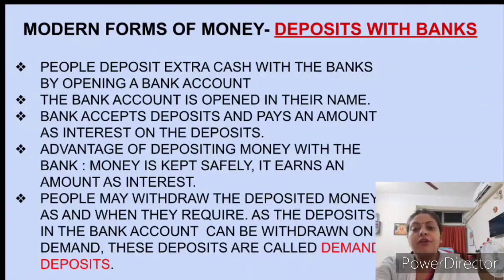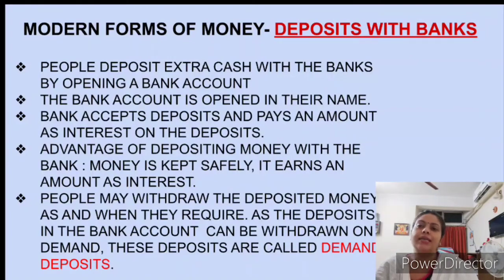Whenever you withdraw that money from the account as per your demand, the bank will give you the money, along with some interest, extra money for putting your money in their bank. Because we deposit this money in a bank and get interest from it, and it can also be kept safely, since the bank is the safest place to keep money, it will also grow because of the interest.